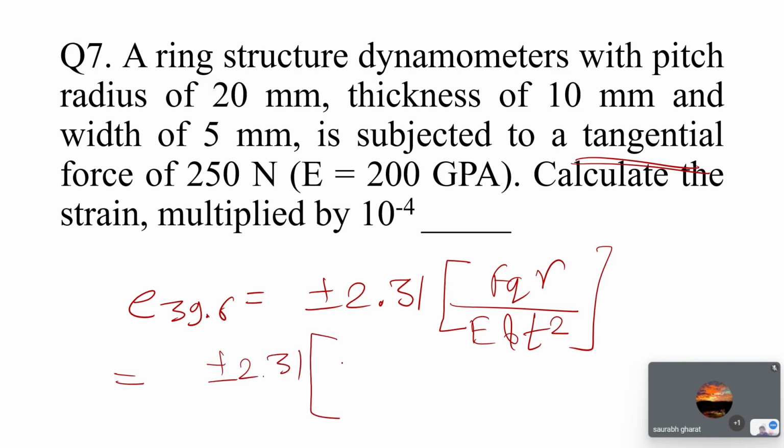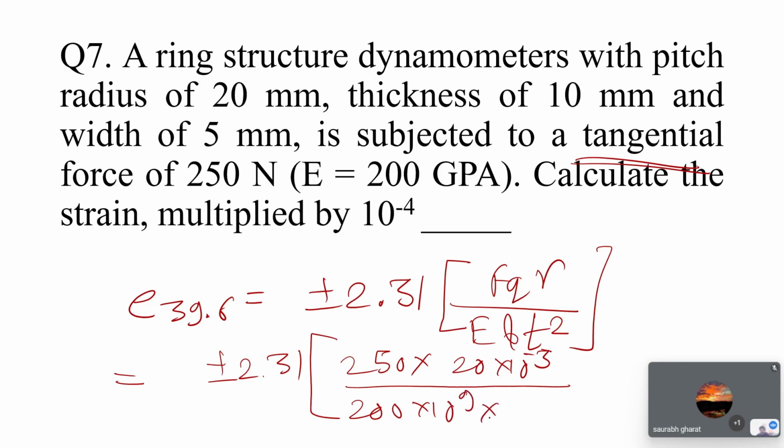So it will be 250 into R, which is 20 × 10 raised to minus 3. What will we put here now? E, which is 200 × 10 raised to 9, into B. What is the B?